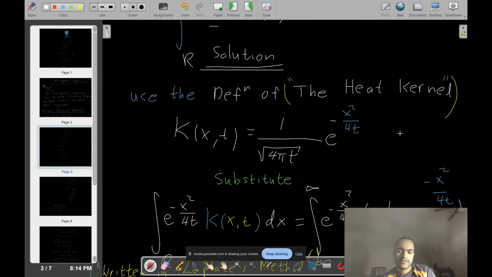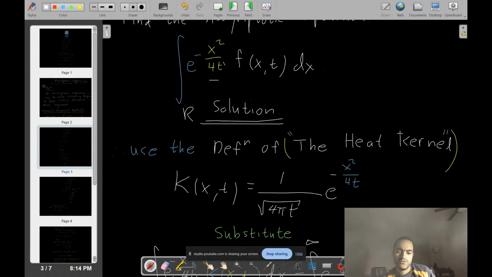So we define it as capital K. Capital K as a function of x and t is equal to 1 over the square root of 4 pi t, times e to the negative x squared over 4t. So there's this product of 1 over the square root of 4 pi t that comes into play. This integral has applications in thermodynamics specifically, where you want to figure out your heat distribution and stuff like that.